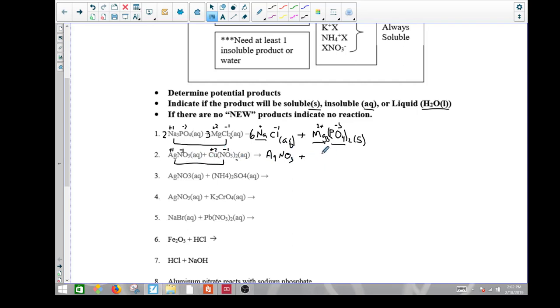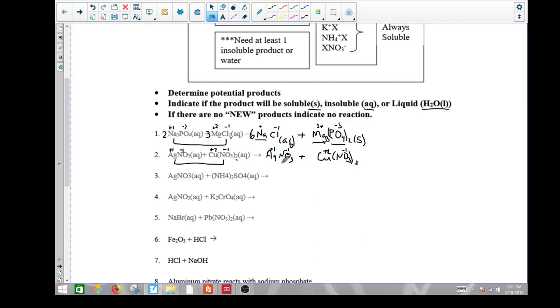So it's going to be Cu(NO3)2. Why is that like that? Because I got a plus 1, plus 2, and a minus 1. Plus 1, minus 1. Charge balanced.